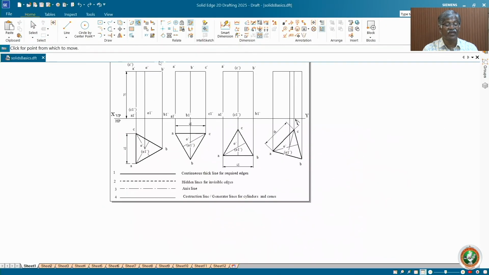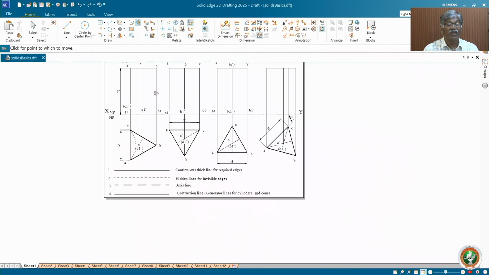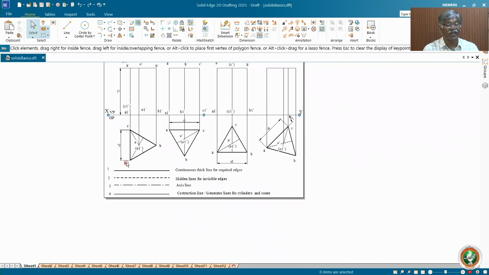Here you just observe. This is AA1. This is AA1 visible. Okay, as per our discussion, AA1 is visible. BB1 is visible. Okay, but CC1 is coinciding with AA1.